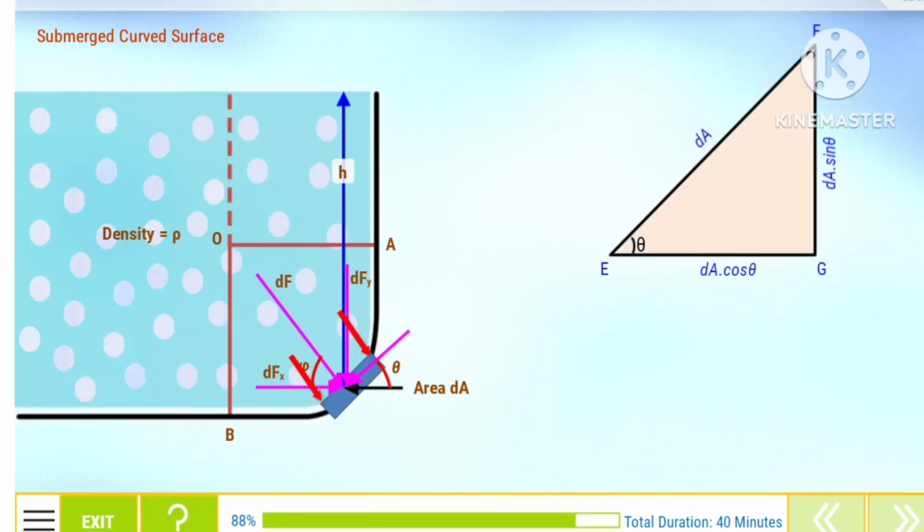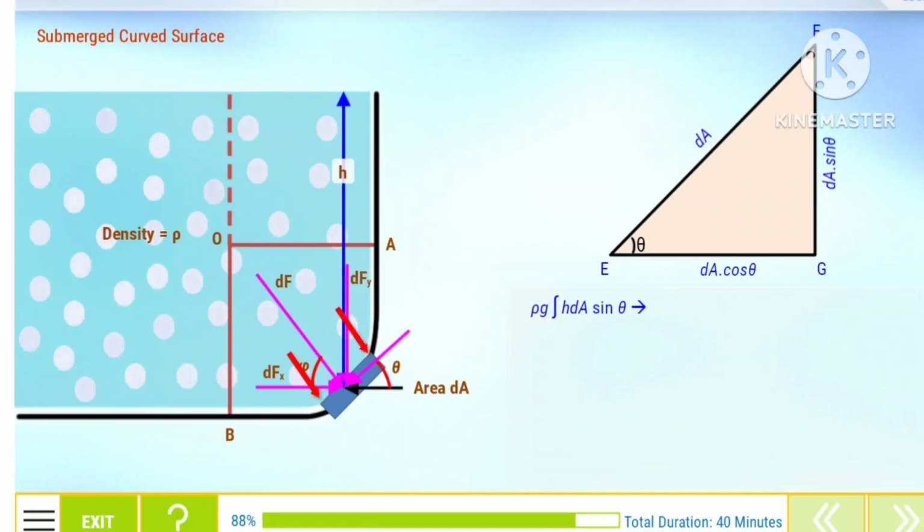Observe the enlarged area dA or delta EFG in the image. In the image, EF is equal to dA. FG is equal to dA into sine theta, and EG is equal to dA into cos theta. Thus, in the equation, dA into sine theta, which is equal to FG, is again equal to the vertical projection of the area dA.